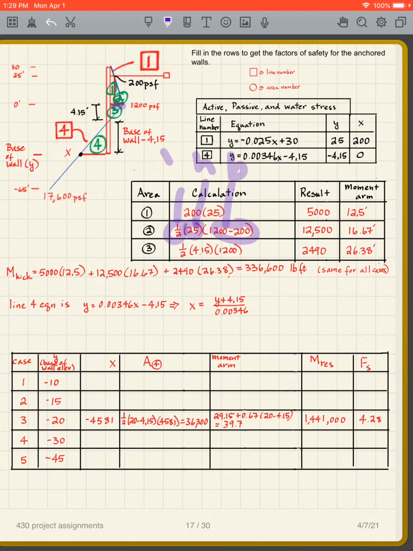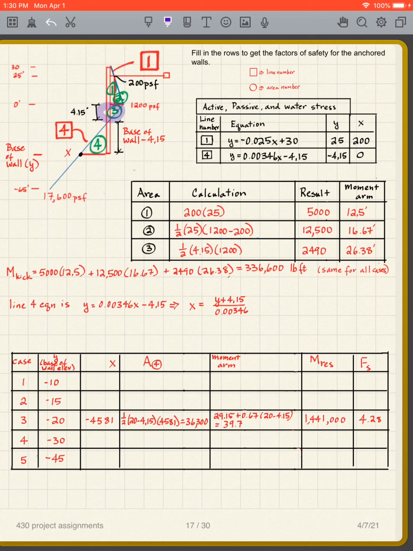That gives me that area 2 is 12,500. The moment arm is going to be 2/3 of the height. So 2/3 of 25 is 16.67 because it's a triangle.